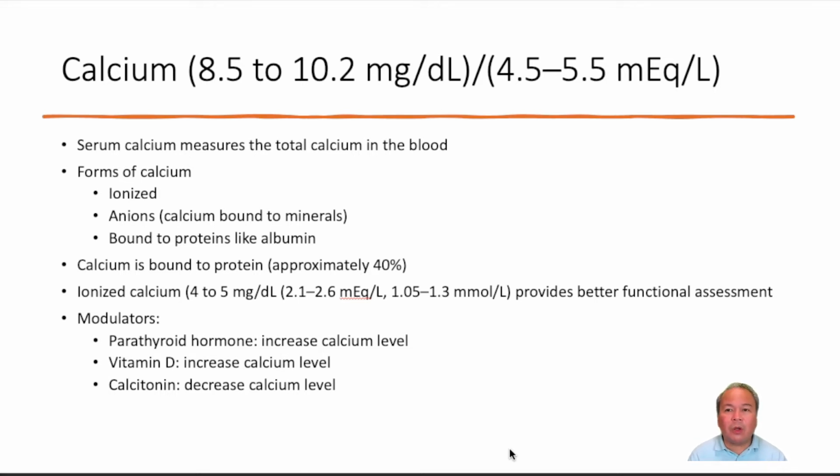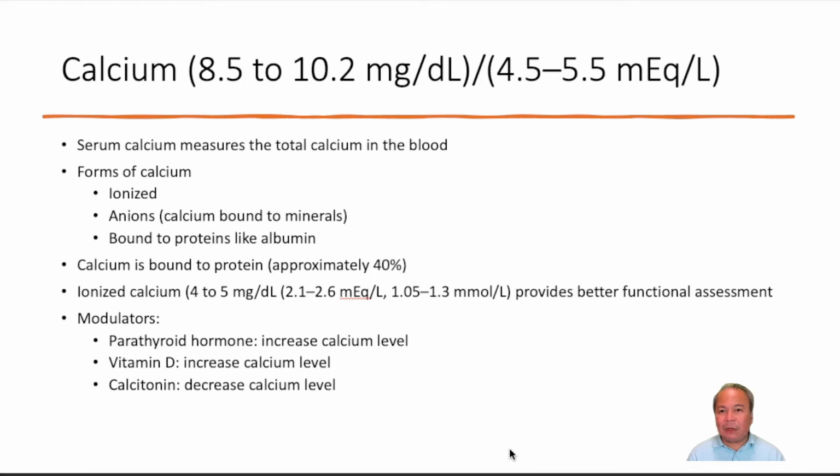There are a couple of modulators, or helpers, in terms of calcium in our body. One is the parathyroid hormone, which increases calcium level. Vitamin D, of course, that we take also increases the calcium level, whereas on the contrary, calcitonin is the one that decreases calcium levels.